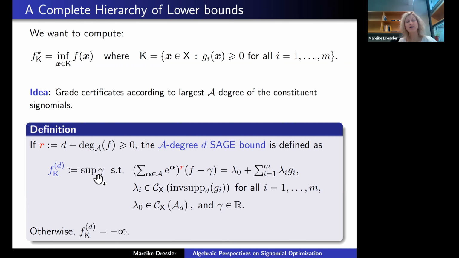We're searching the largest real number gamma, such that we have this representation. Every sigma 0 is a SAGE signomial with this support. And here these sigma i are posinomials, with the correct support, that's where this inverse support comes in.